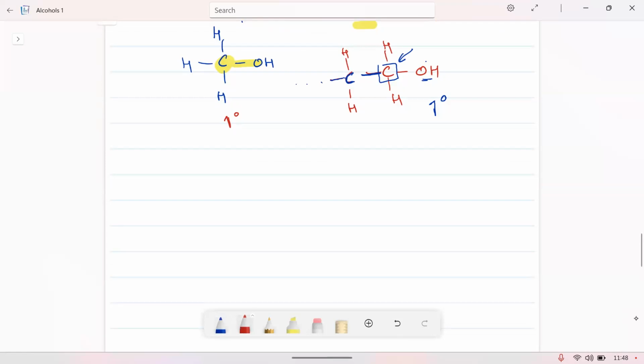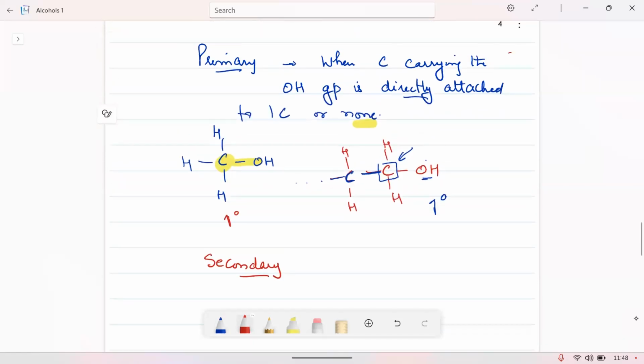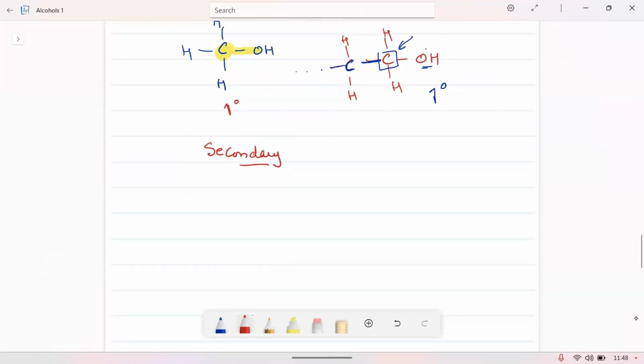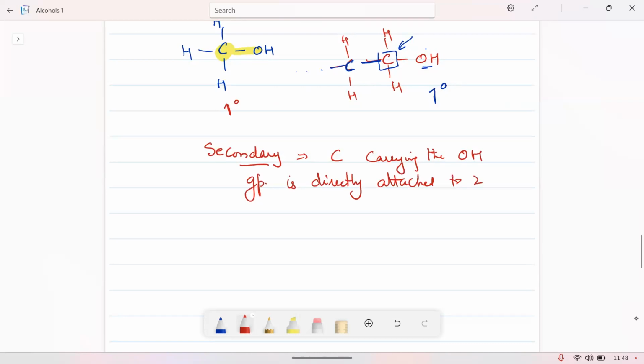Now, if you go to secondary, they have asked in the exam the meaning of primary or secondary. So this is what you will be writing. So secondary alcohols, similar thing, carbon carrying the OH group is directly attached to two carbon atoms.